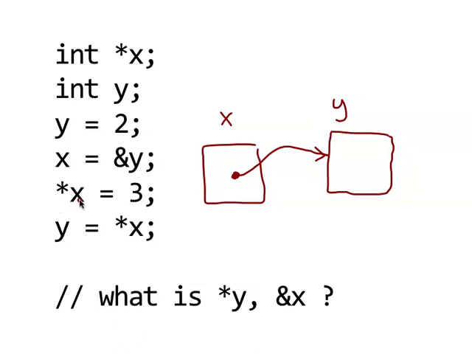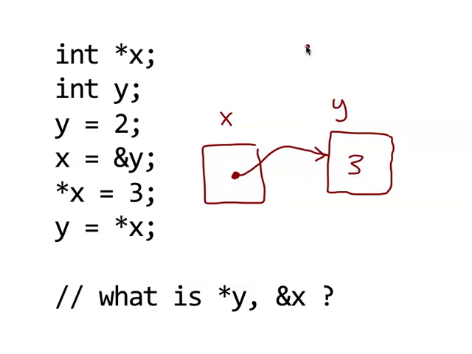So when I do star x, I just follow the pointer, follow the string. I take the box x, I see there's a piece of string tied to it. Since there is a star operator, I follow the string, this string leads me to the box y, and then I put my value 3 inside the box.